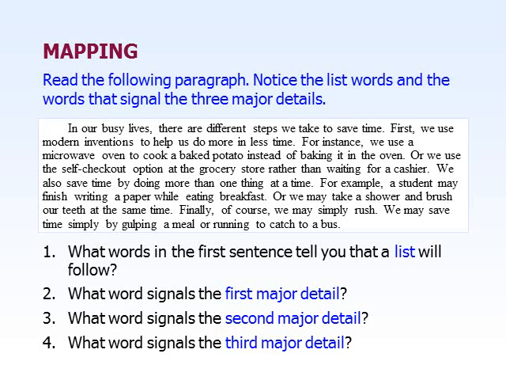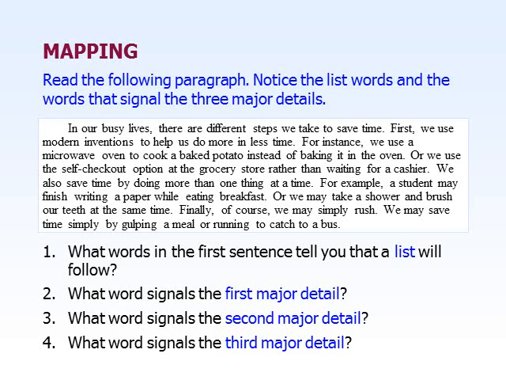So here's another example, and we'll go through this and make a map of it. So in our busy lives, there are different steps we take to save time. First, we use modern inventions to help us do more in less time. For instance, we use a microwave oven to cook a baked potato instead of baking it in the oven. Or we use the self-checkout option at the grocery store rather than waiting for a cashier.